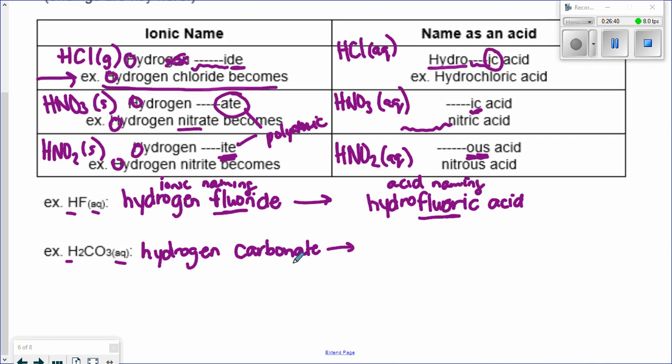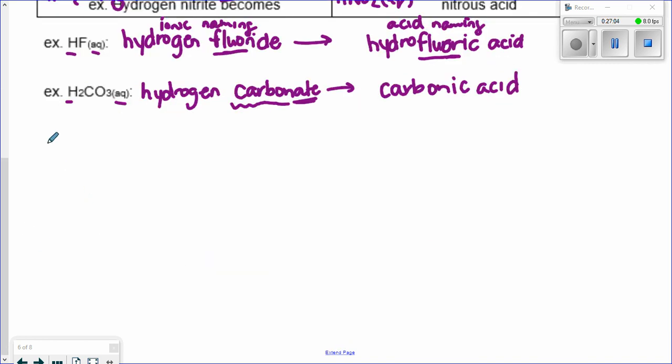So hydrogen carbonate, that ending of ATE is going to be the second rule, that what we just take is this part and then add ic acid after. Carbonic acid. Carbonic acid.